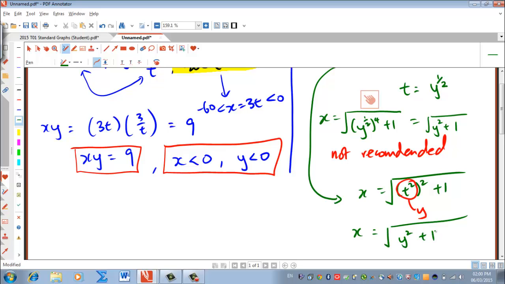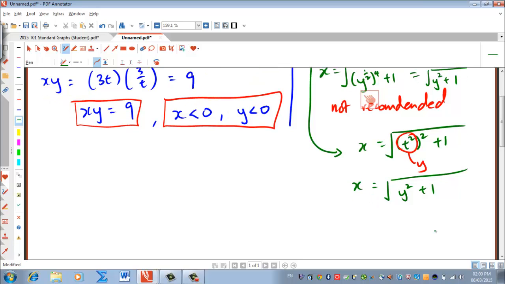A common mistake in this question is some students may actually choose to write the Cartesian equation as x squared equals y squared plus 1. This will be wrong as the Cartesian equation for this question. Why?